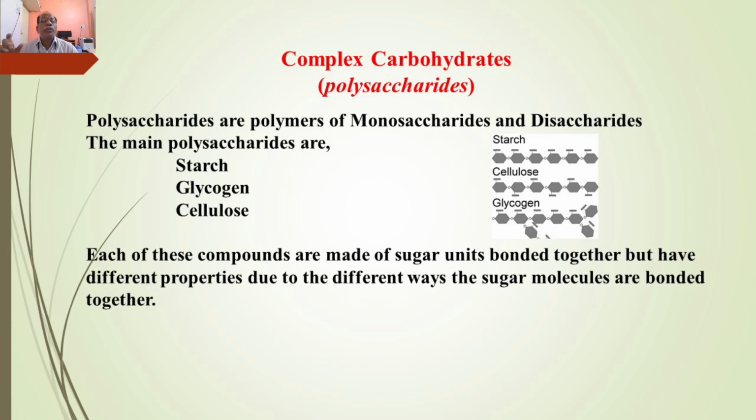The bonding pattern of the sugar units, the monosaccharides, is different in the different types of complex carbohydrates, such as starch, glycogen and cellulose.